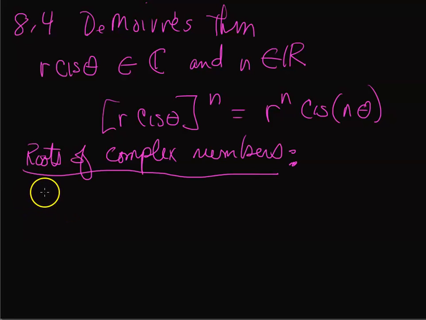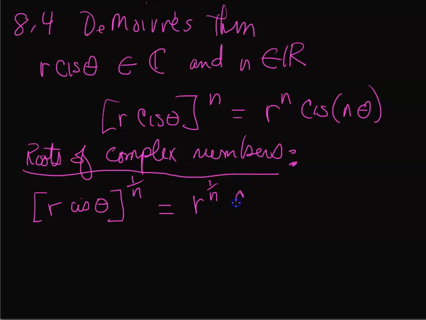Well, we're going to start similar to this. We're going to say it's r cis theta, not to the nth, but to the 1 over nth power. That fractional exponent is like taking an nth root. So you do need r to the 1 over n power. That's what we've been doing all the time.